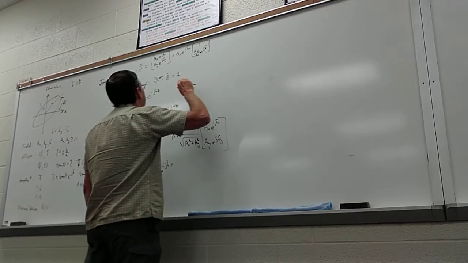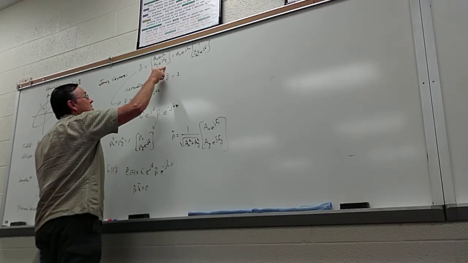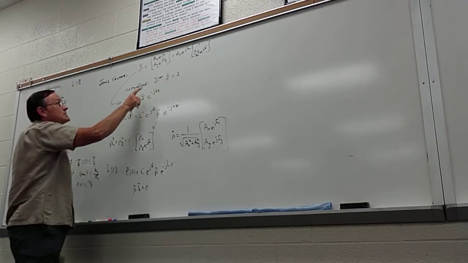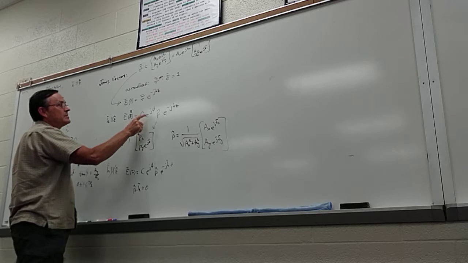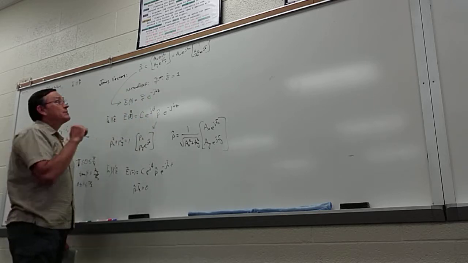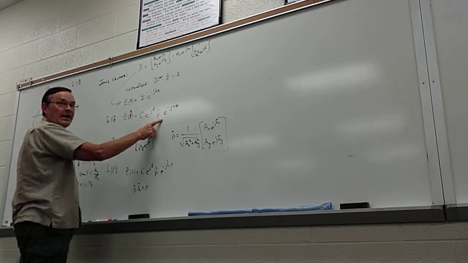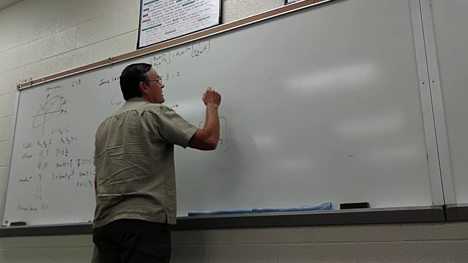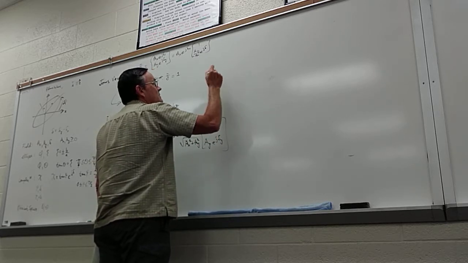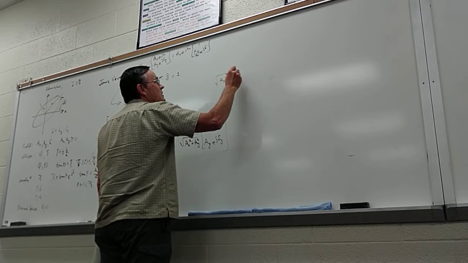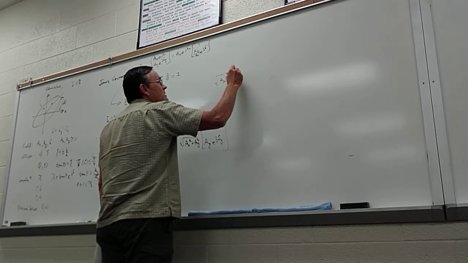Well, this is not normalized. This is all the stuff out in front. So this thing has the magnitude, the phase, and the polarization state in it. So if I want to make this look like that, what I need to do is take the square root of ax squared plus ay squared.